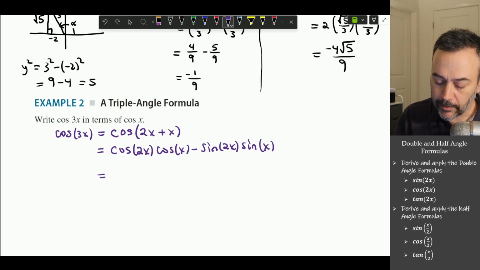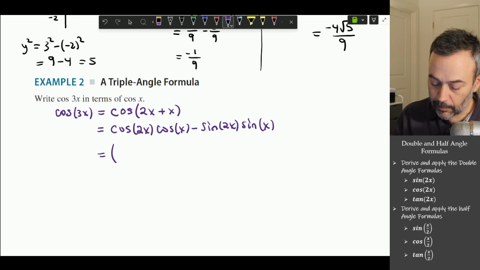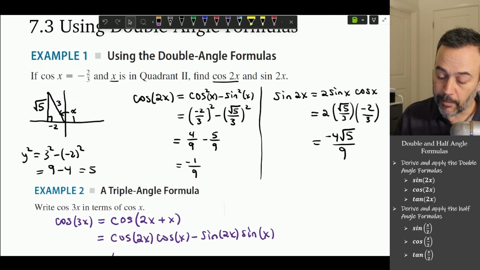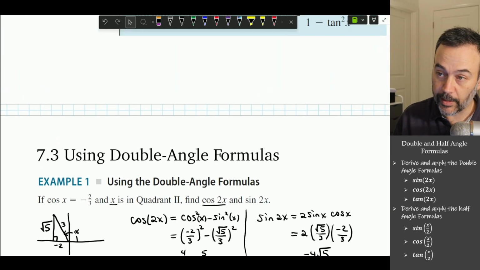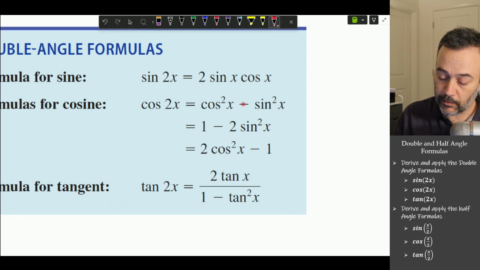But now you see we can apply the double angle formulas. Remember, I want my answer to be in terms of cosine. So what's a good choice for cosine 2x? Remember, we had three different choices.